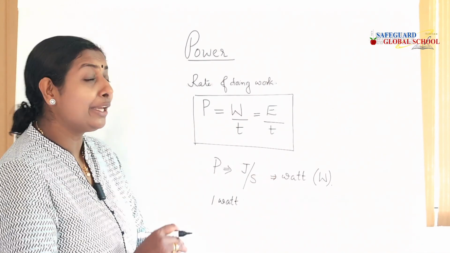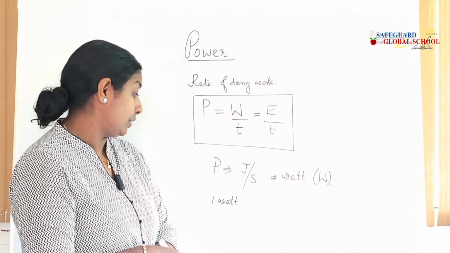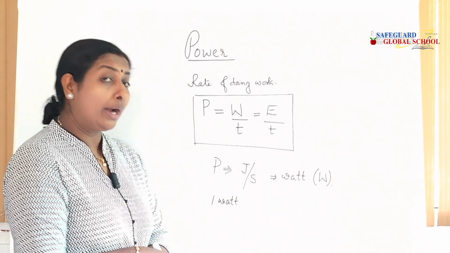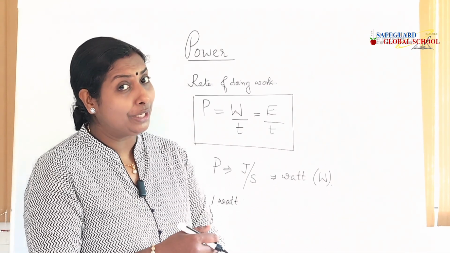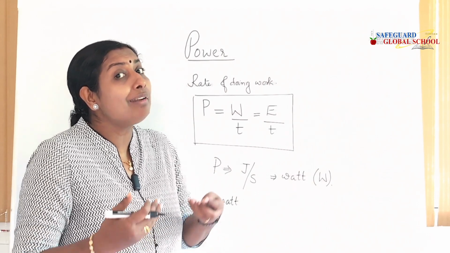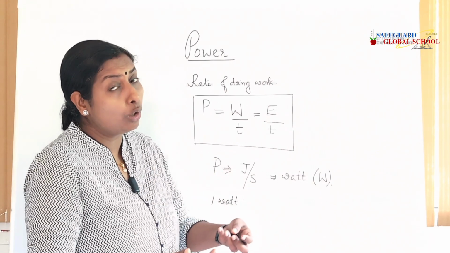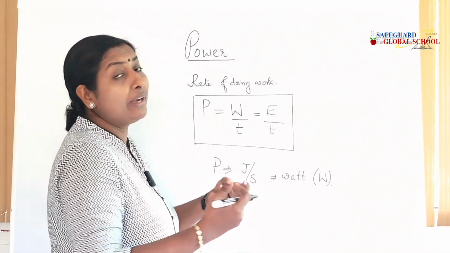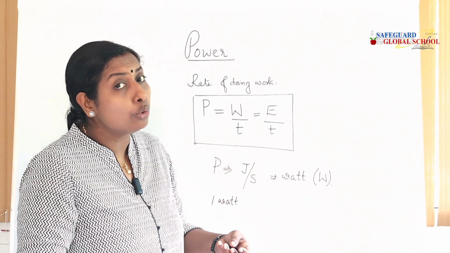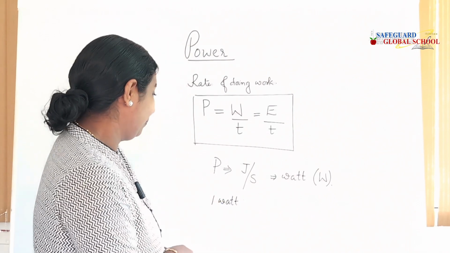So what is the SI unit of power? It is watt. So what is 1 watt? 1 watt is the power of a machine or a body which does a work of 1 joule in 1 second, or which can deliver an energy of 1 joule in 1 second.